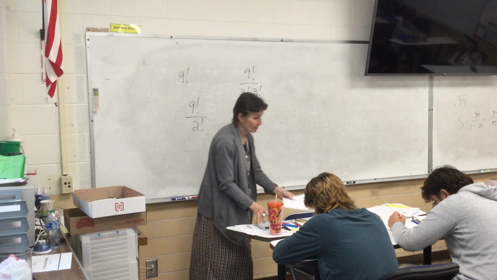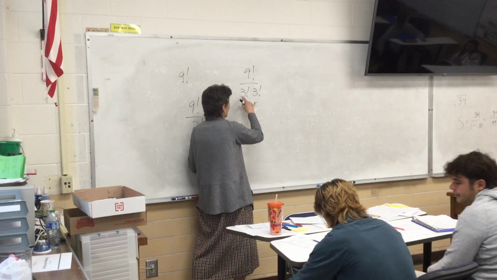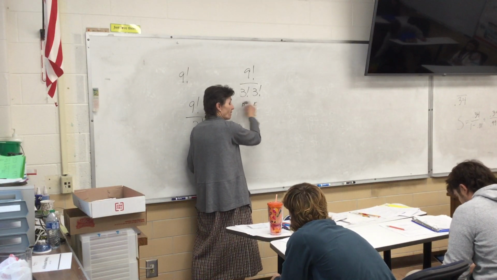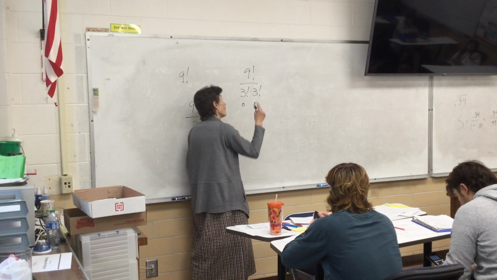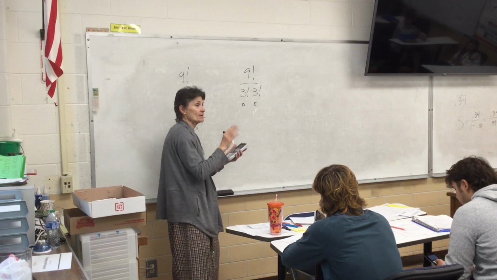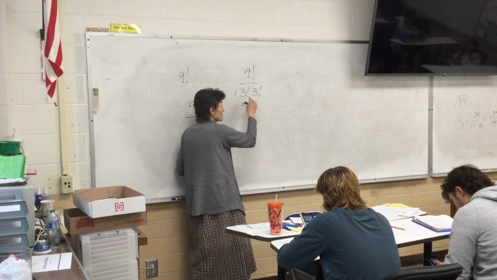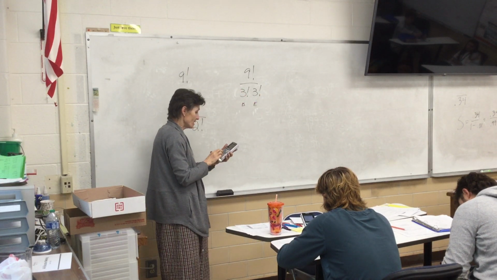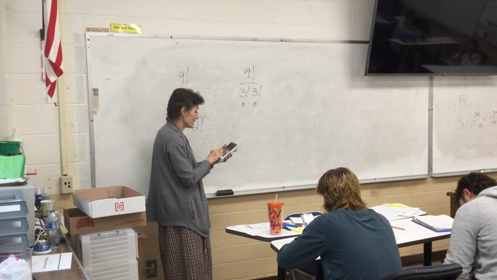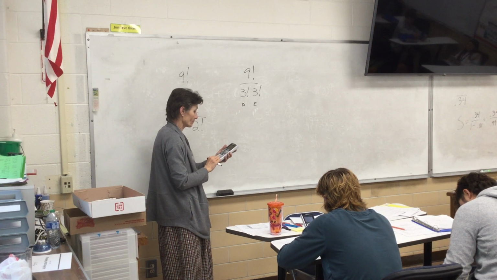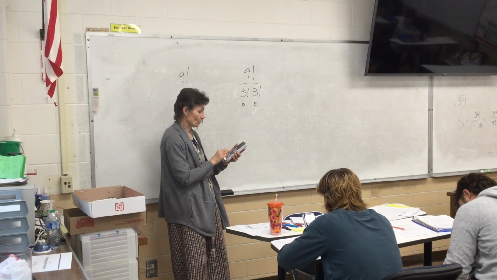When you type this into your calculator, let's all do it to make sure we get it right. Remember that when there's more than one number in your denominator, it's got to be in parentheses. Or the way I type these in, and again, do it however you want. But if you do it the way I wrote it, you got to have parentheses around this. I like to type in 9 factorial divided by 3 factorial, and then I hit equals, and then divided by another 3 factorial.